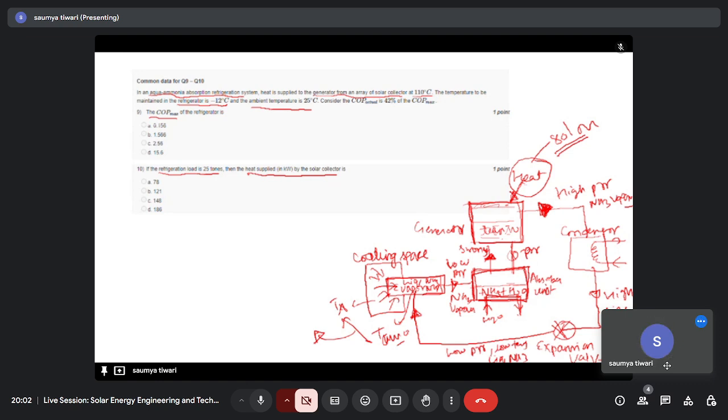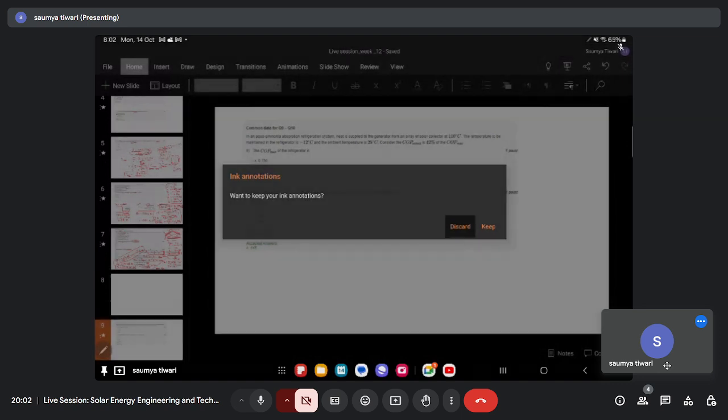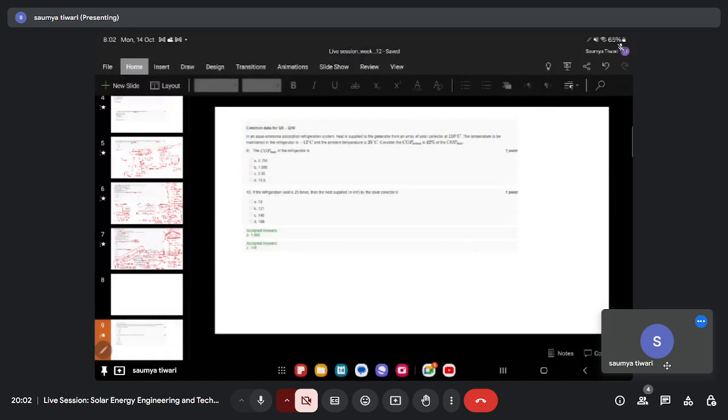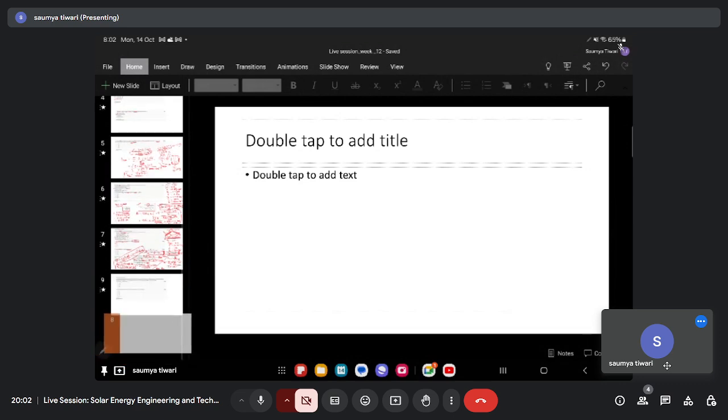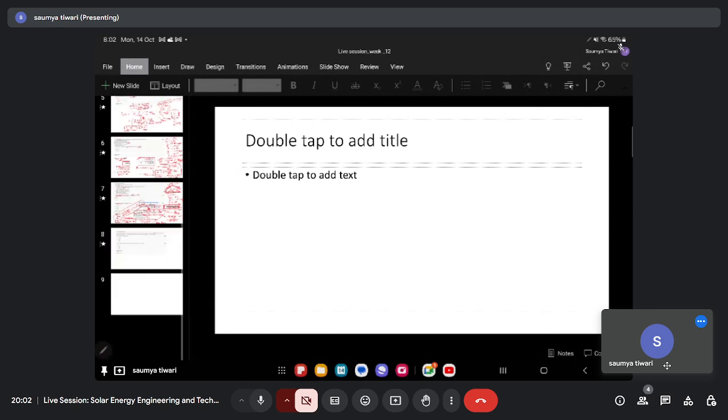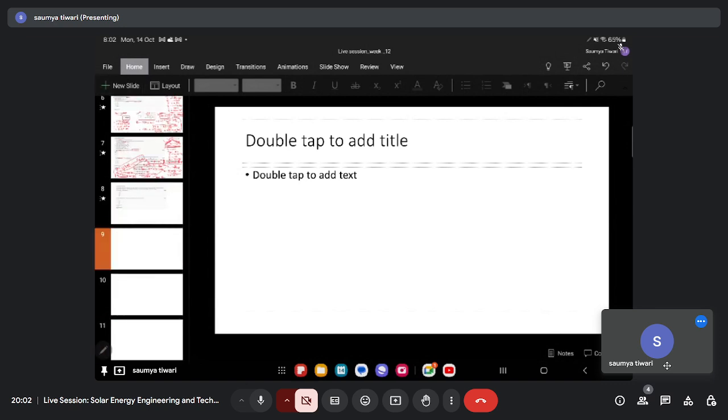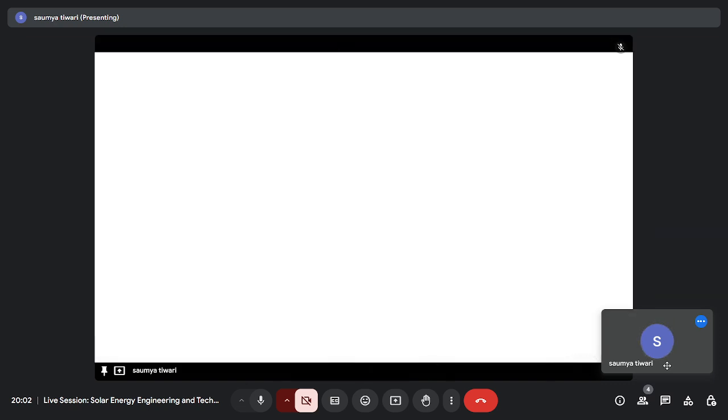So let me explain in detail. If you see, this is your source. Your aqua ammonia refrigeration system has four important units.